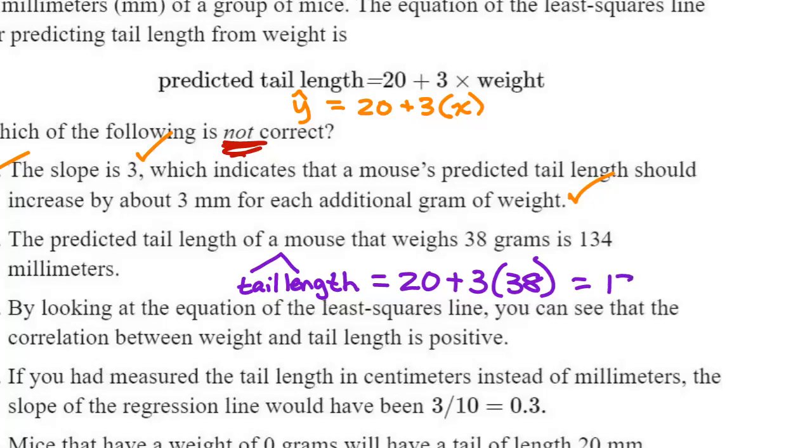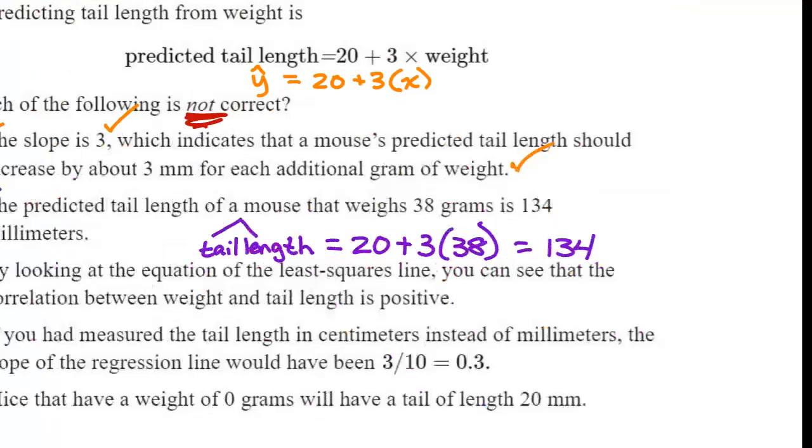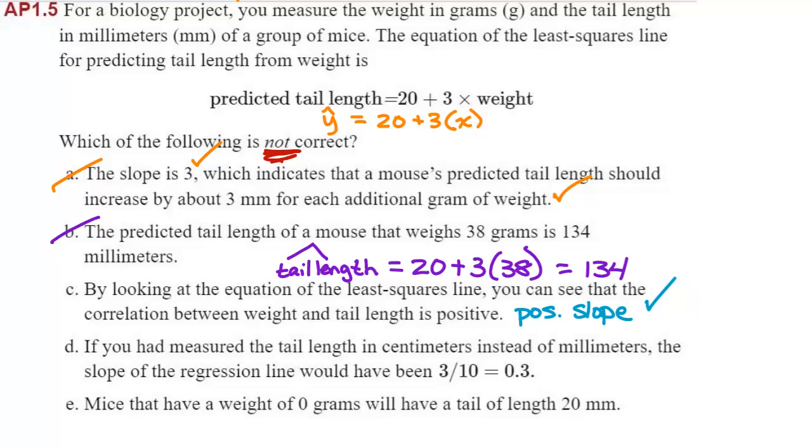And we get 134. So it can't be this one. By looking at the equation of the least squares line, you see that the correlation between weight and tail length is positive. That is absolutely true because it is a positive slope. If the slope is positive, the correlation is positive. If the slope is negative, the correlation is negative.